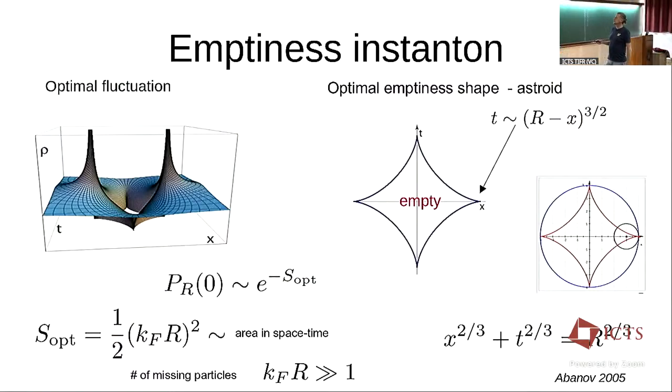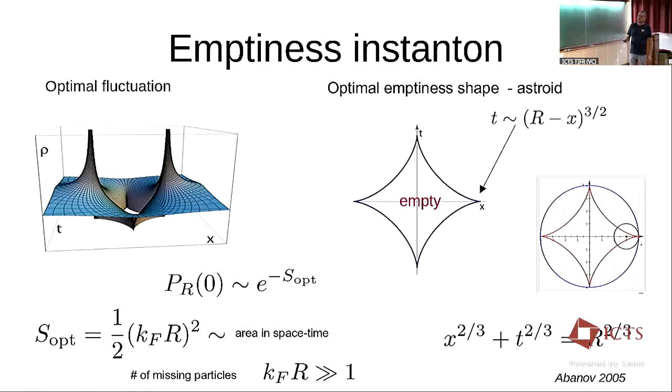And an asteroid, for those who don't know what it is, is just the figure which is produced by rolling a small circle inside a bigger circle with 1/4 of the radius ratio. And this way one can also calculate not only the shape of the optimal fluctuation, but also evaluate the action, and putting it into the exponent, one obtains the leading asymptotics of the emptiness formation probability.